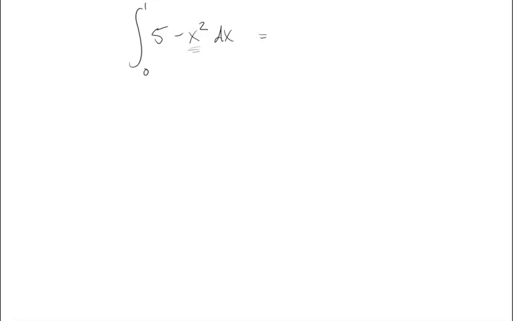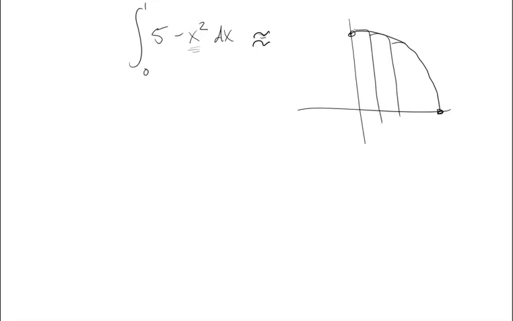You can't get a triangle or trapezoid. You can estimate it. I will make you do this. You can estimate it using 5 minus x squared, which would look something like that. Maybe 4 rectangles or something on some interval. I will make you do that, the estimate.